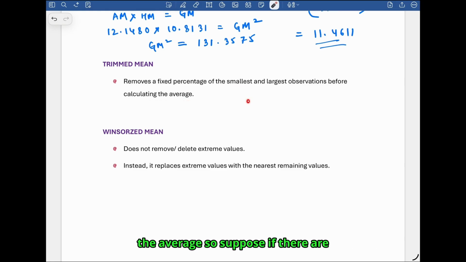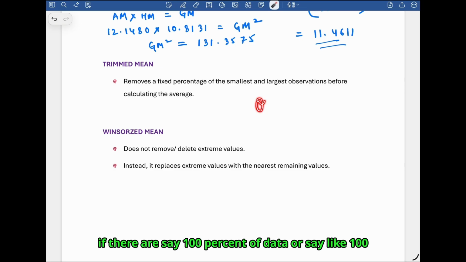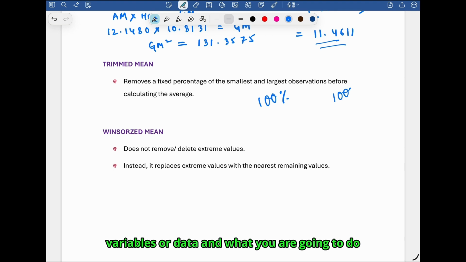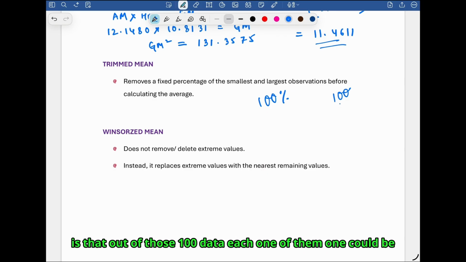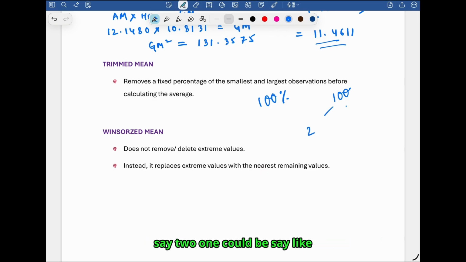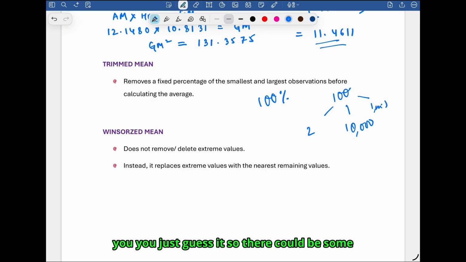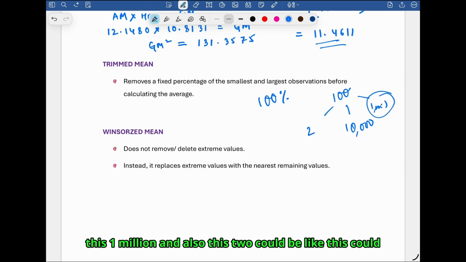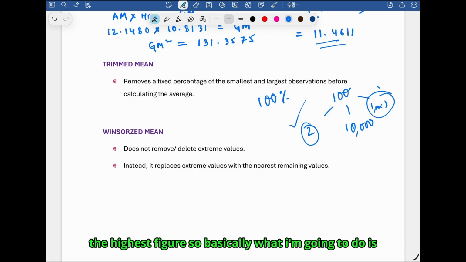So suppose there are say 100 variables or data, and one could be say 2, one could be say like 10,000, one could be say 1 million, right? You just guess it. This 2 could be the lowest figure, this could be the highest figure.